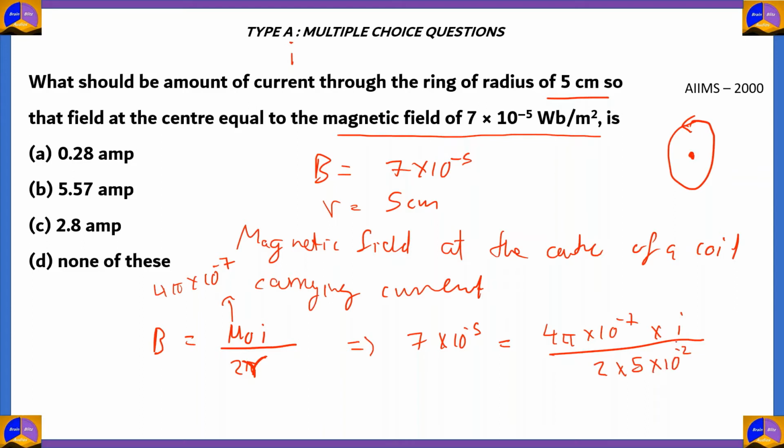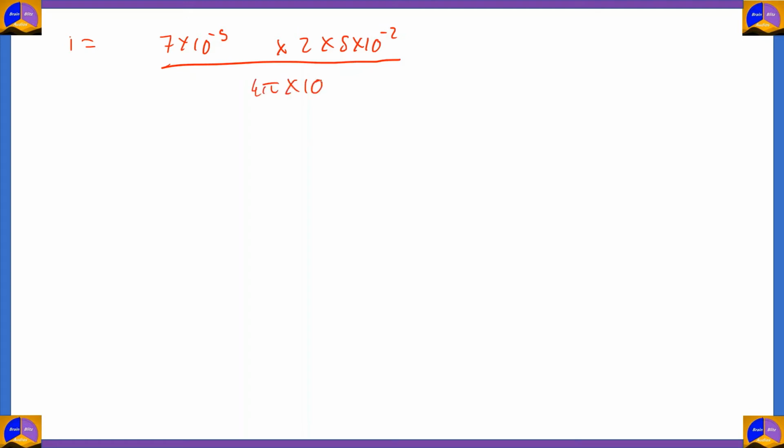So now what do we do? Let's rearrange this in terms of the variable here, which is I. So therefore, the current will be equal to 7 into 10 raised to minus 5 times 2 times 5 into 10 raised to minus 2, whole divided by 4 pi into 10 raised to minus 7.